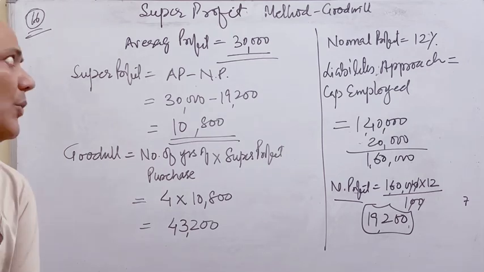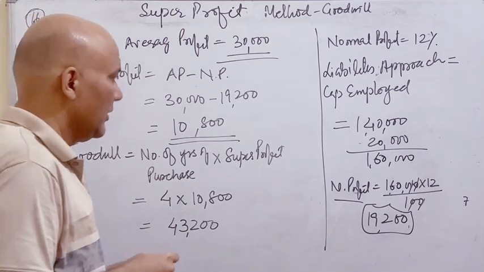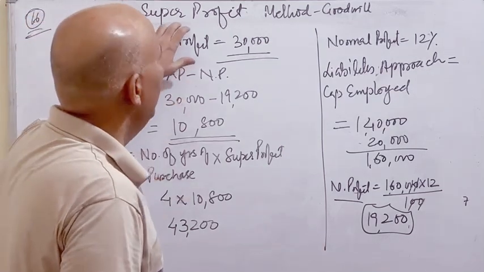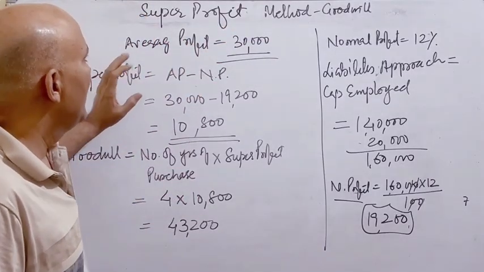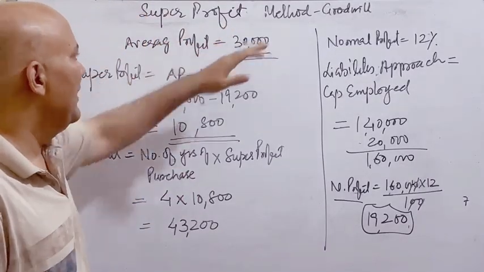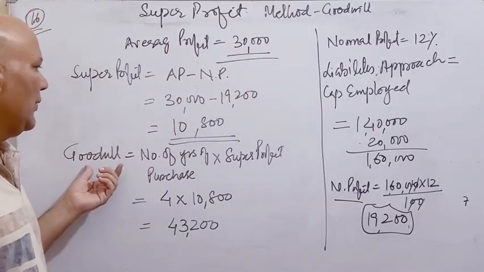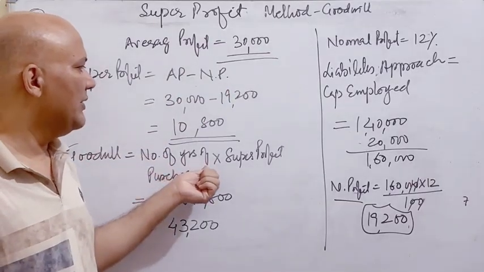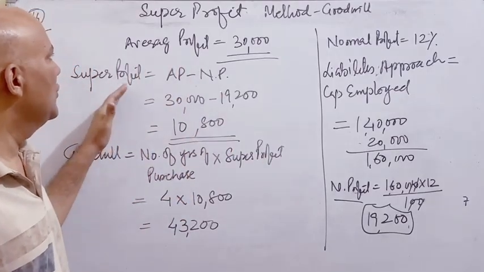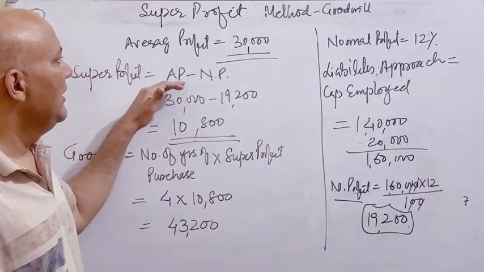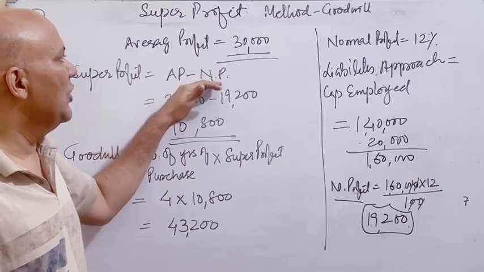So this is how we calculate goodwill on the basis of super profit. Let me go through it again. In the super profit method, goodwill is the number of years of purchase multiplied by super profit, and super profit is average profit minus normal profit.